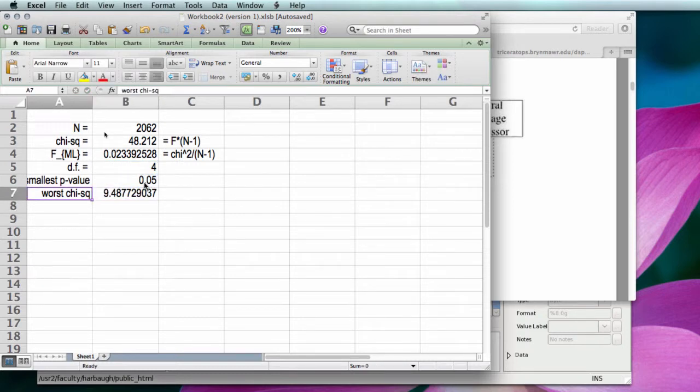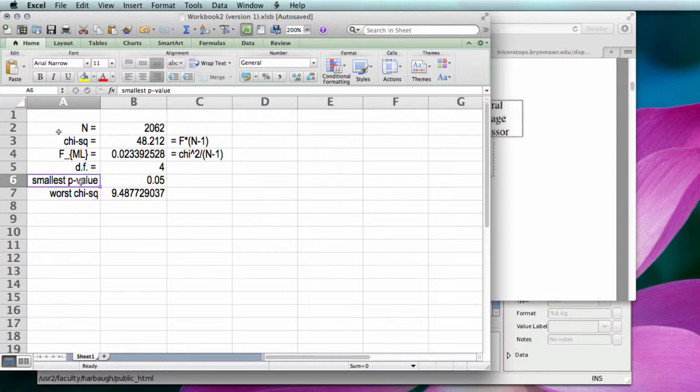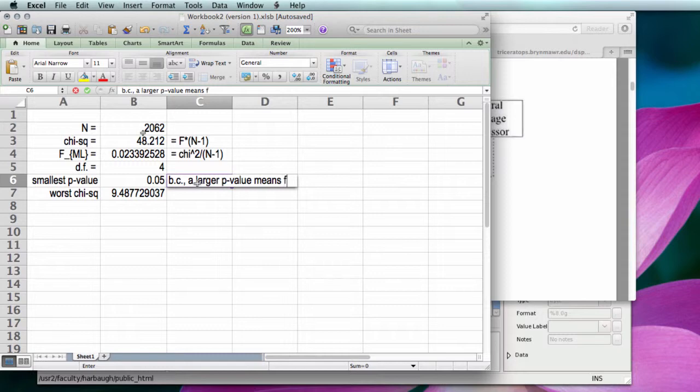So the worst chi-square: if we have a larger p-value, that means fail to reject the null. So any chi-square less than this means fail to reject.